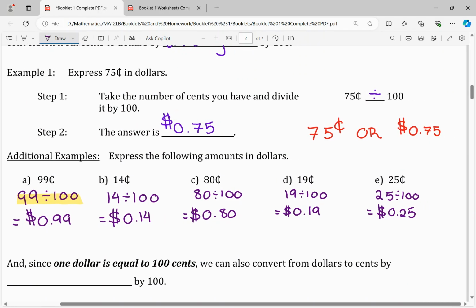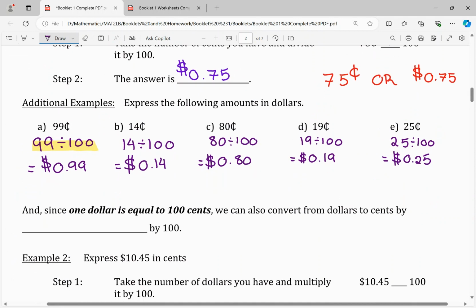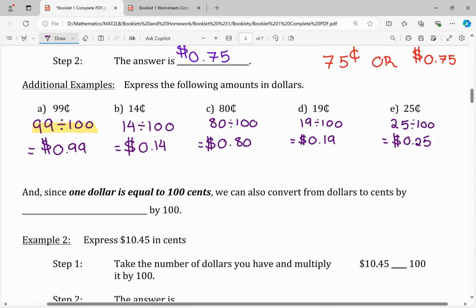Now let's change up this question slightly. Since $1 is equal to 100 cents, we can convert from dollars to cents by multiplying by 100. So now we're doing the opposite.